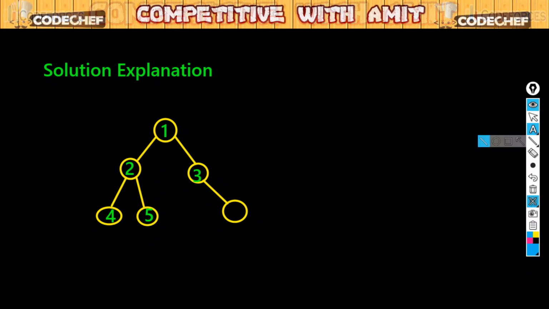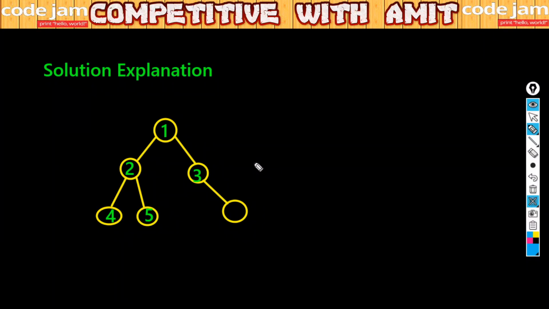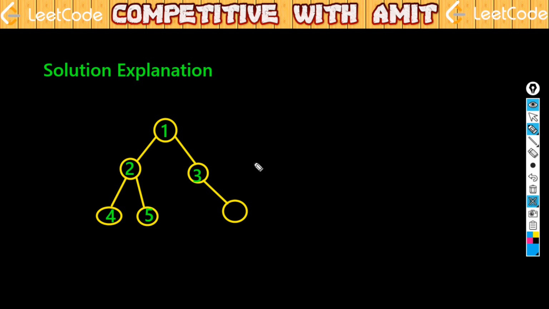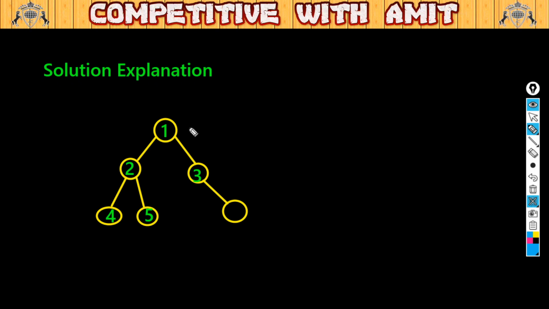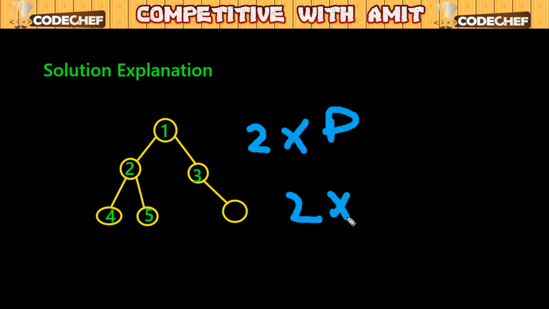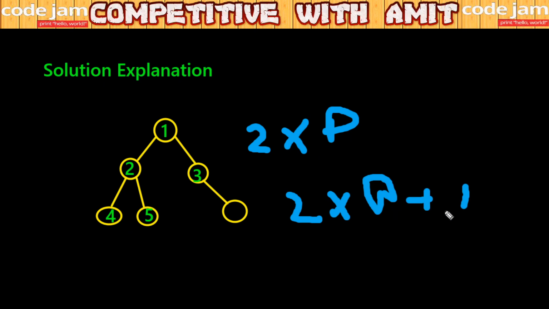There is a formula for a binary tree: the left child of a parent will be twice the parent, and the right child of a parent will be twice the parent plus 1. So what is the formula? For left it will be 2 into parent, and for right it will be 2 into parent plus 1. So in this case, what is one side?